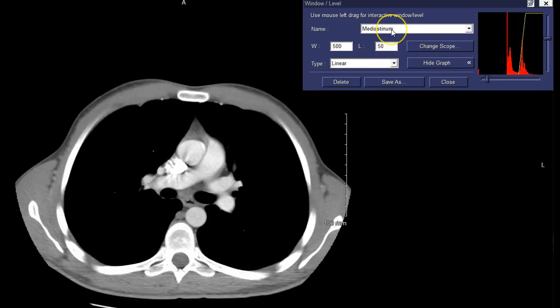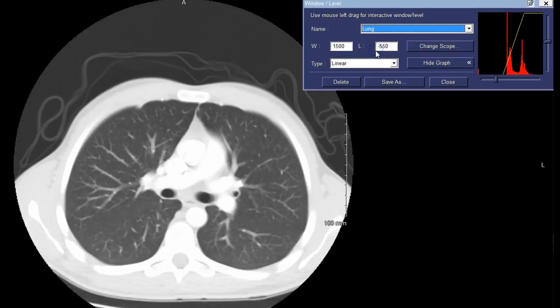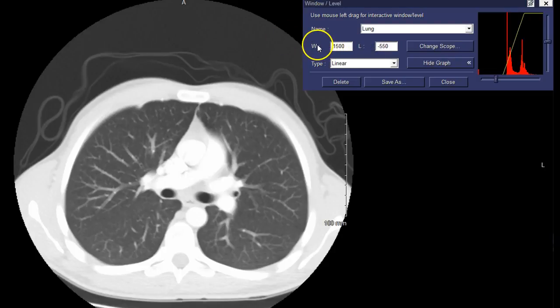For this video I'm just going to use the defaults, because the defaults are pretty consistent. I want to visualize the lungs better. Notice what happens: our window width has expanded, and we're utilizing a lot more grays, but our window level has also changed dramatically because we're now required to visualize the structures, vasculature and vessels associated with the lung.